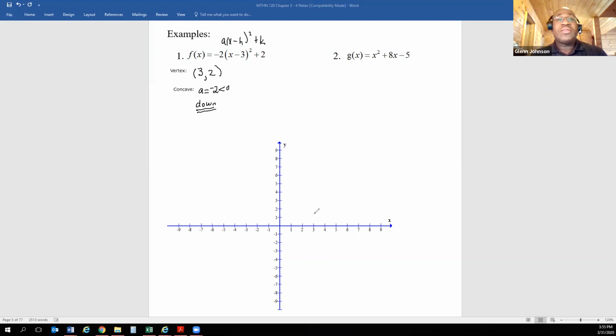So if we go to the point 3, 2, which is located about here, and with it being concave down, we know at this point it's going to be working downward from this vertex. So that also tells us that the vertex, because it's concave down, will be a maximum point.